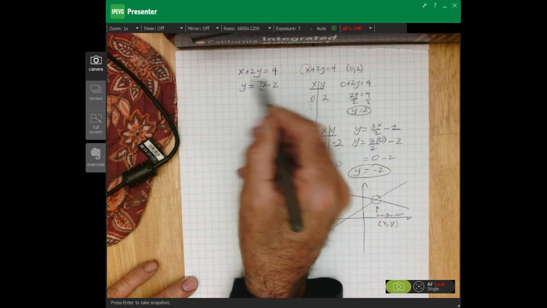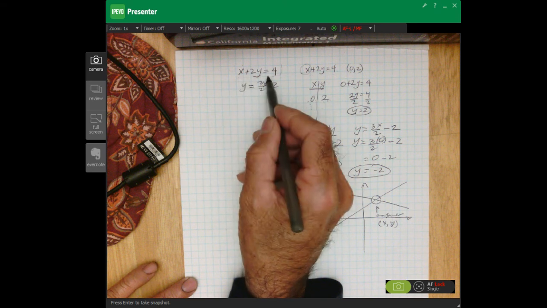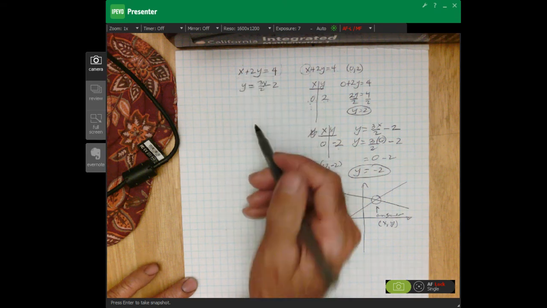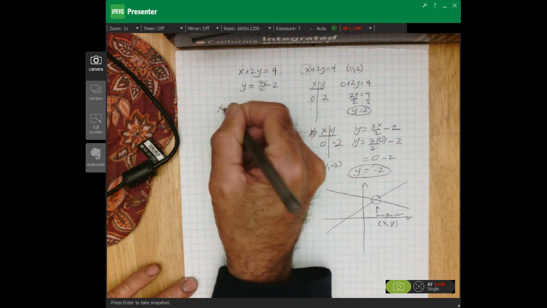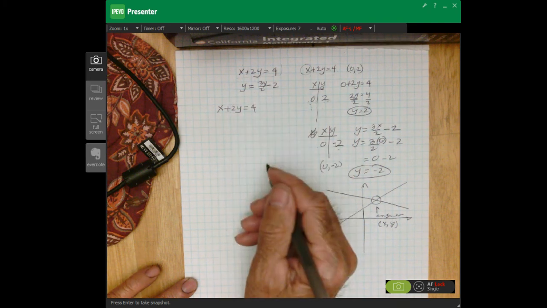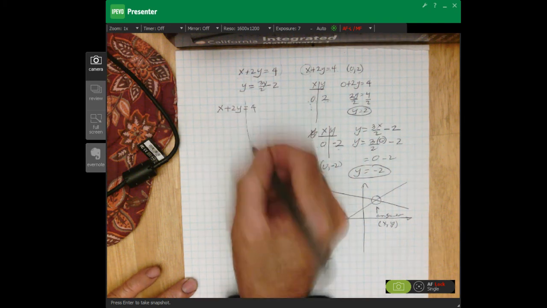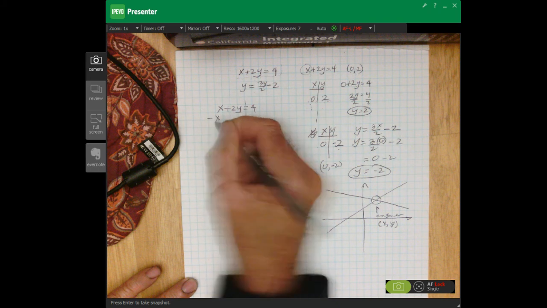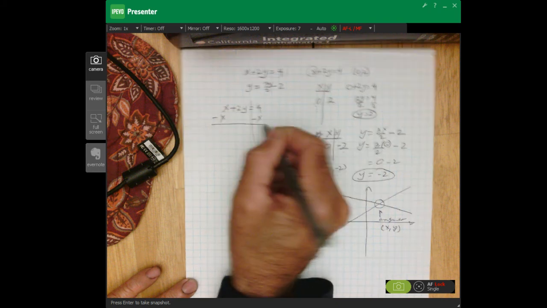Sometimes you will need to, this is in standard form, and there are ways of graphing in standard form, but right now we're just graphing them using slope-intercept form. So the first thing you have to do is convert that to slope-intercept form. We want to get the y all by itself, so we subtract x from both sides.